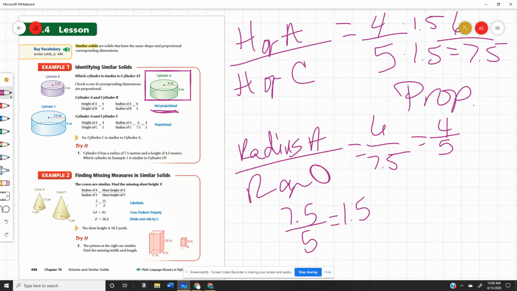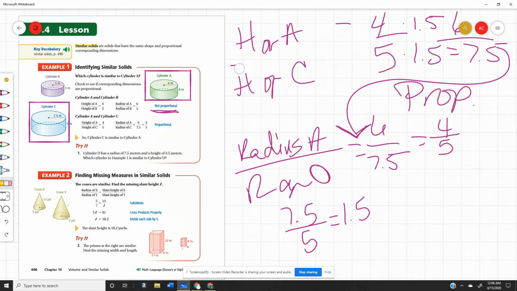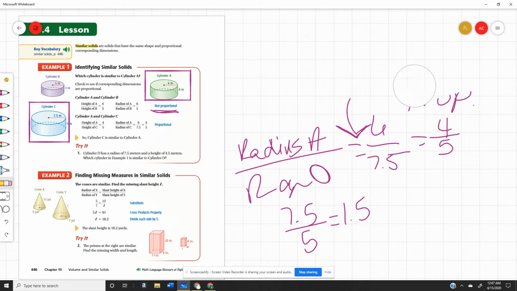And 6 over 7.5 is what we got here. Woohoo! So we are proportional. That means that cylinder A is similar to cylinder C, and I can find all kinds of dimensions using those two. So go ahead and start doing the try it.